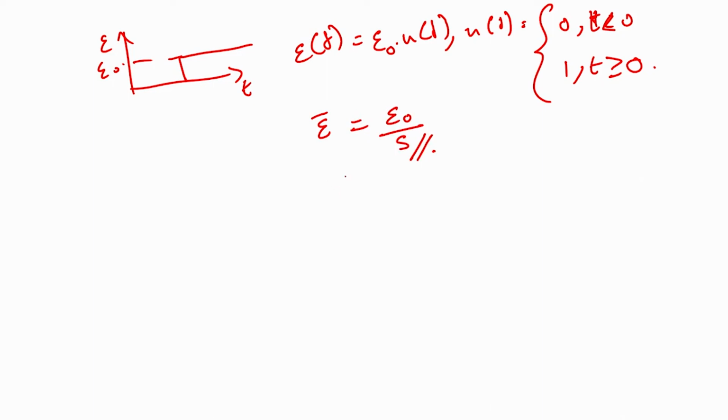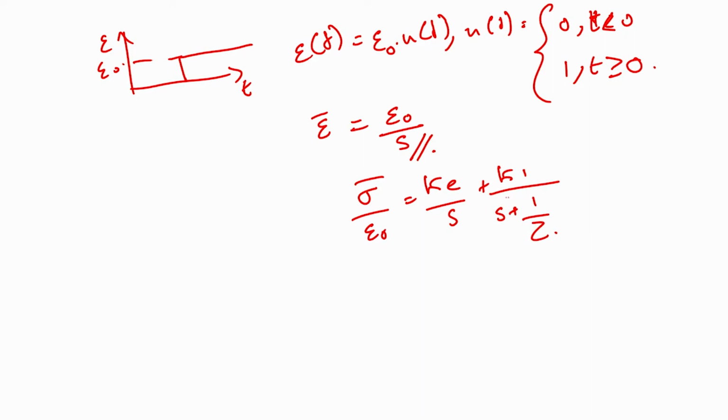So the previous equation that we derived will become sigma 0 by epsilon 0 equal to Ke by s plus K1 by s plus 1 by tau.